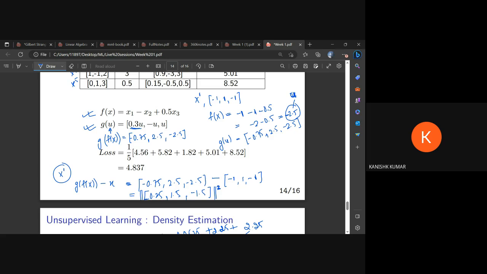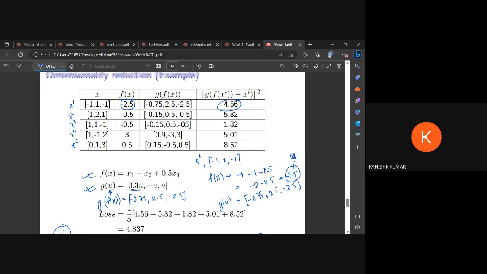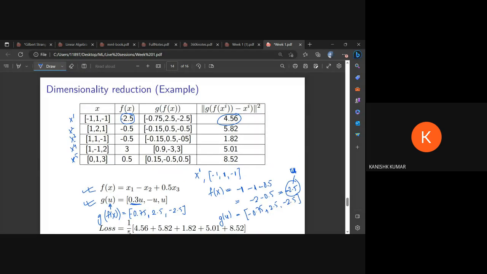Physically, what do we get out of this data? The computation part, the loss, dimension reduction. Basically it's asking the implication of all this.